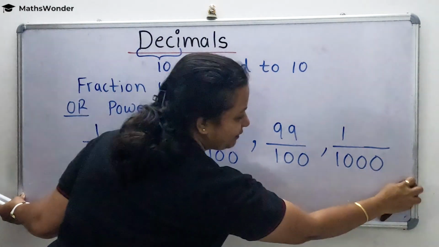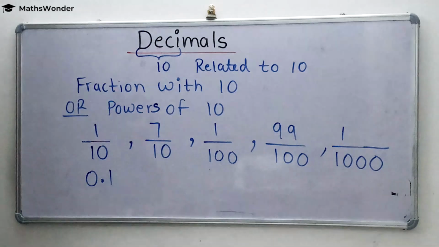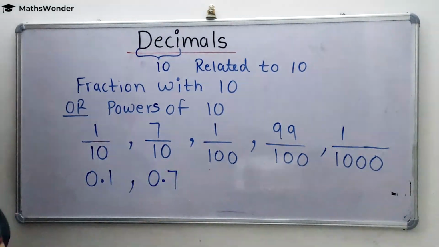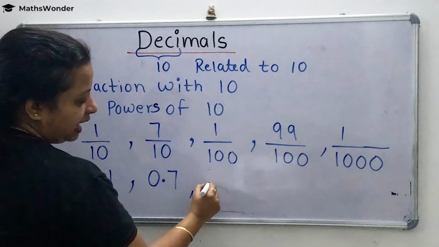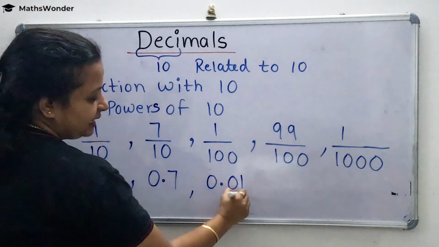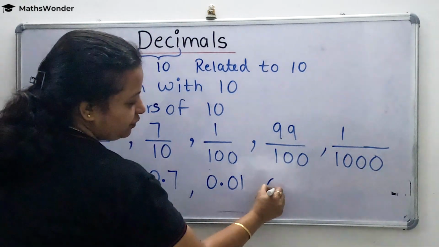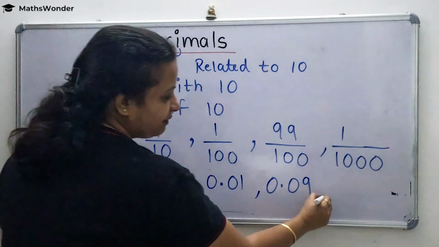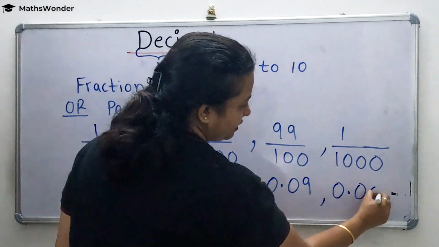Suppose 7/10, how will you write it? 0.7. I will tell you why. And 9/100 you will write as 0.09 because we have two zeros.